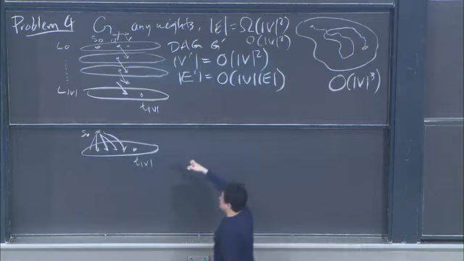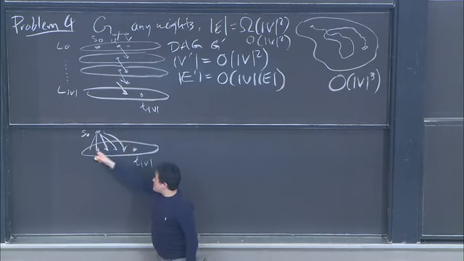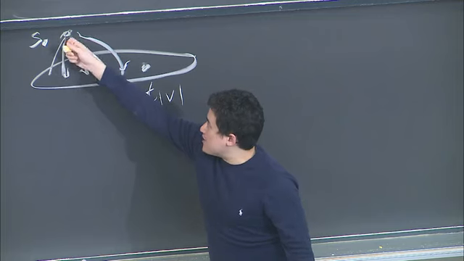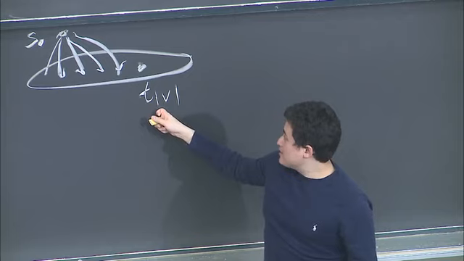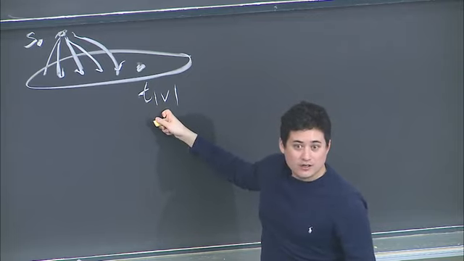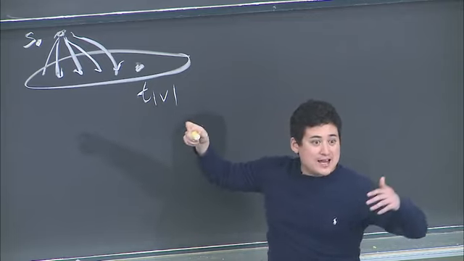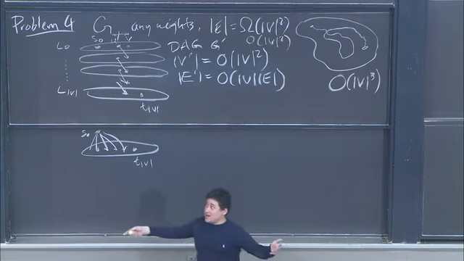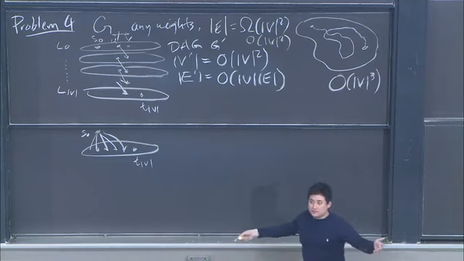Now I have a graph where any path from S0 to v to tv here will be a path that uses at least v edges in my original graph, right?